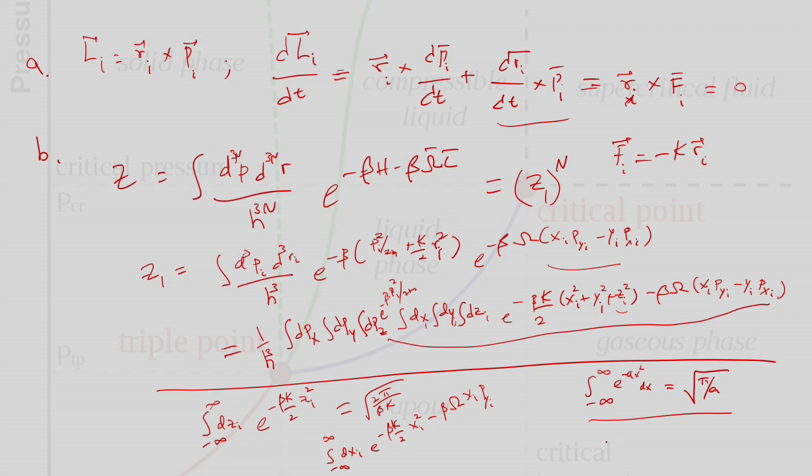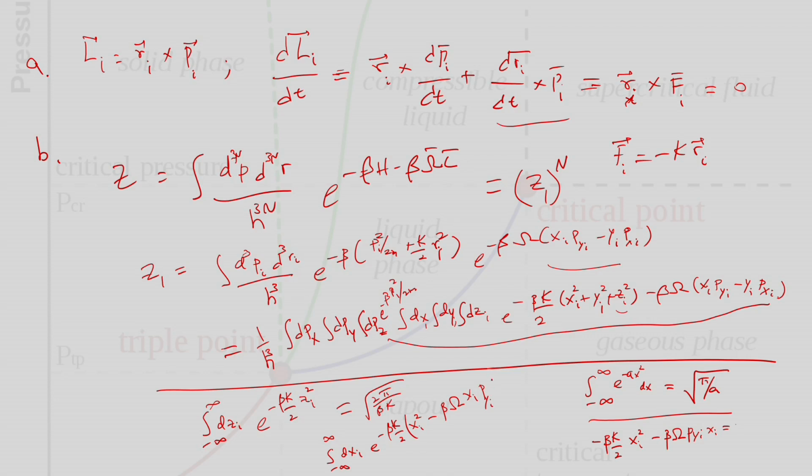The way I am going to do this is what is called completing the square. I am going to rewrite beta kappa by 2 xi squared minus beta omega pyi xi. I am going to take this common factor. Let me do that right here.